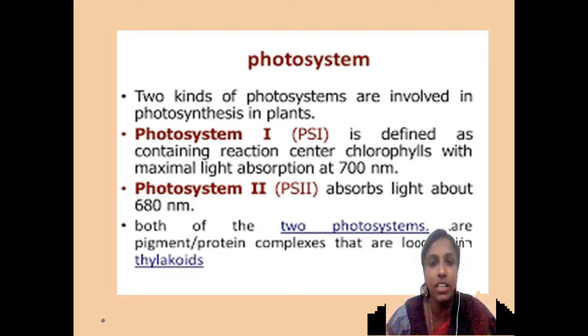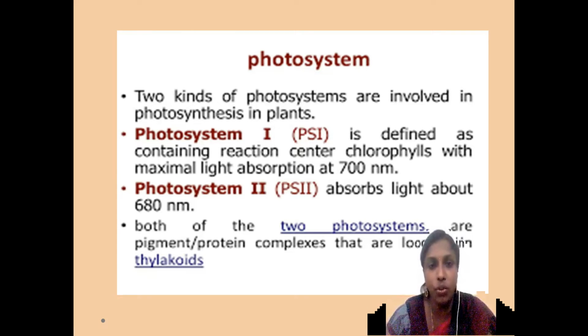Similarly here, photosystem 1 absorbs at one wavelength and photosystem 2 absorbs light at a different wavelength. Let us try to understand the difference given here. Photosystem 1 absorbs light at a wavelength of 700 nanometers, whereas photosystem 2 absorbs light at a wavelength of 680 nanometers.